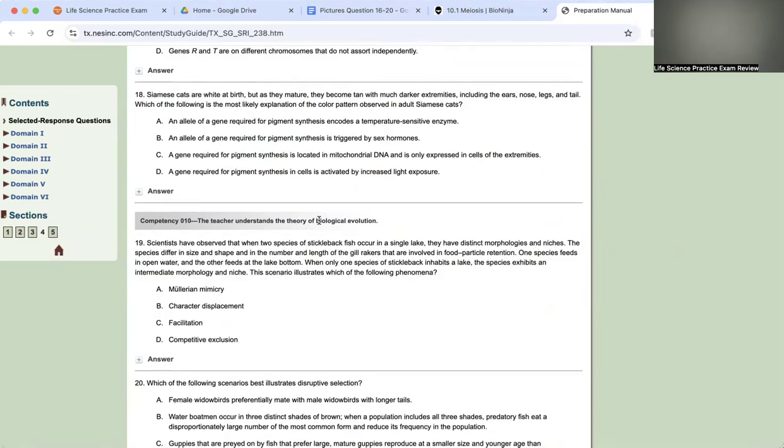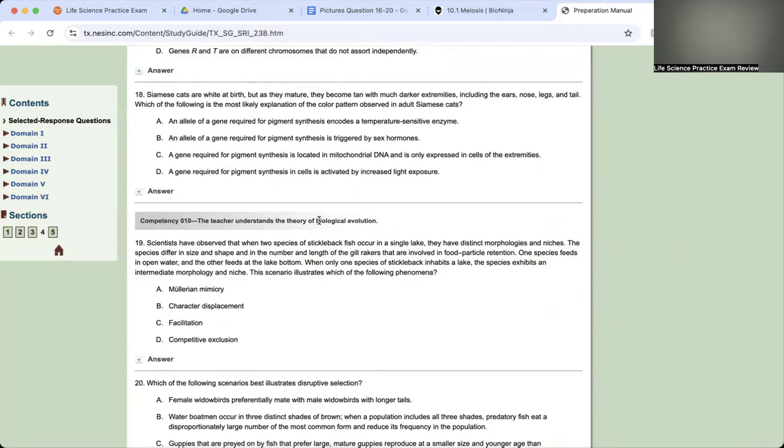B, an allele of a gene required for pigment synthesis is triggered by sex hormones. C, a gene required for pigment synthesis is located in mitochondrial DNA that is only expressed in the cells of the extremities. Or D, a gene required for pigment synthesis in cells is activated by increased light exposure.